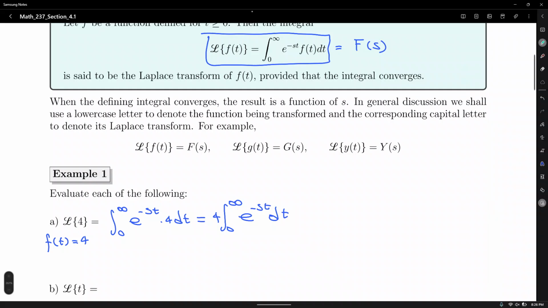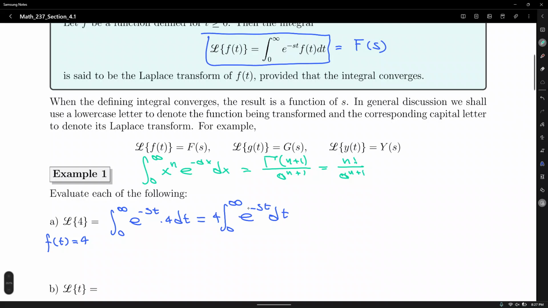The gamma function, the integral from 0 to infinity of x to the n e to the negative ax dx, equals gamma of n plus 1 over a to the n plus 1, which is the same as saying n factorial over a to the n plus 1.